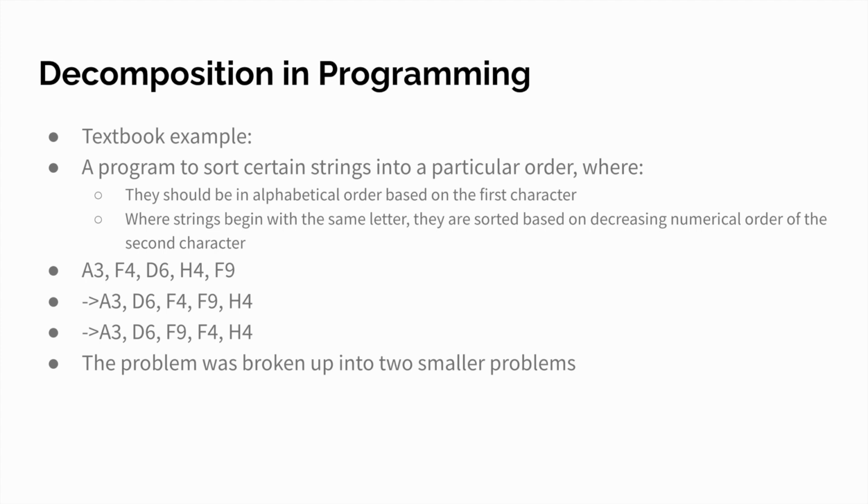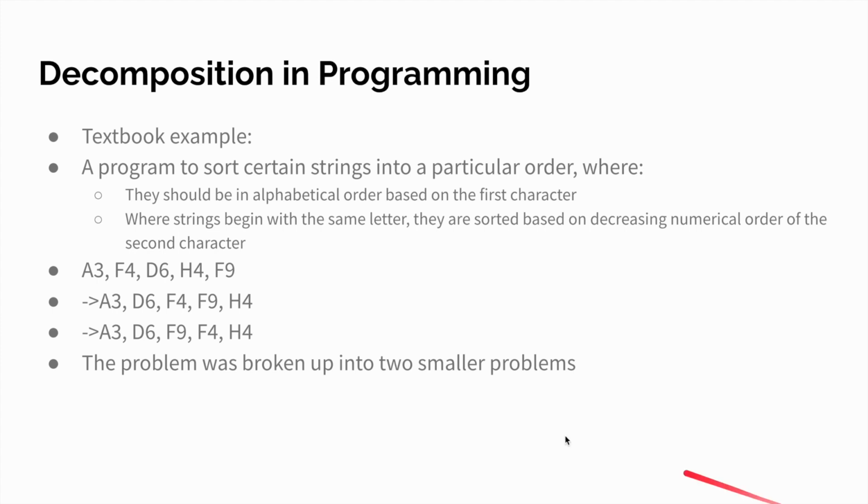So here's an example from the textbook of a way we can apply decomposition to programming. This is just the concept for a program to sort these particular strings into a particular order, where they should be in alphabetical order based on the first character. Where the strings begin with the same letter, they're sorted based on decreasing numerical order of the second character.